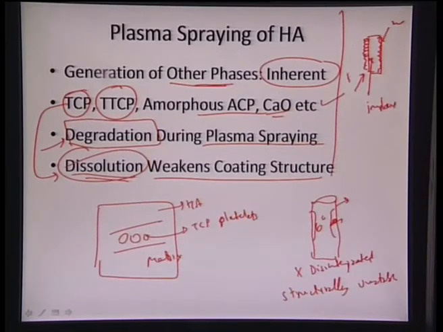So even if we want degradation, we want a very controlled degradation, and if secondary phases are generated in the material during processing, that is not good, because that will make the structure highly unstable and we cannot utilize it as a weak coating structure on the implant material.